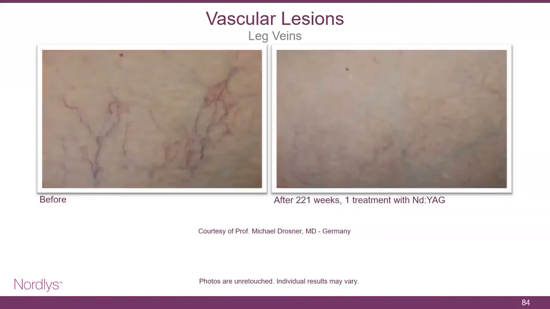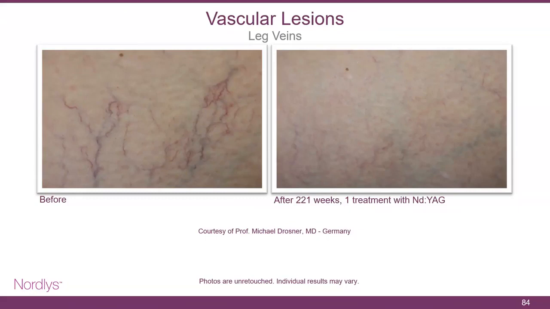Leg veins, a mixture of different sizes. I tend to think if you're treating leg veins and you have an Nd:YAG, then use the Nd:YAG rather than using the IPL handpiece, unless the vessels are incredibly small. It saves you having to switch between two different handpieces to treat one patient in one session.